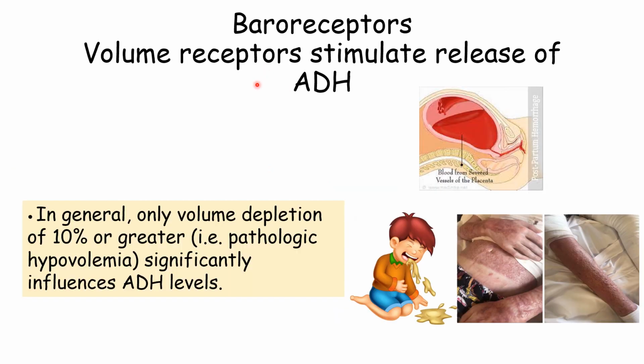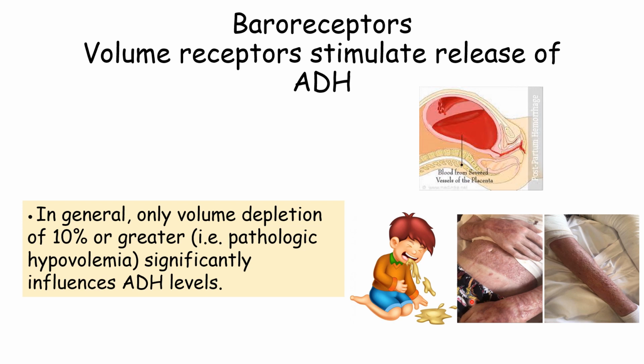Let's talk about these baroreceptors, or in fact the volume receptors, which are affected by the volume present in the vasculature, and they then cause the differential release of ADH. For example, whenever there is a hemorrhage or blood loss or dehydration, or conditions where there is 10% or greater hypovolemia, what will happen?